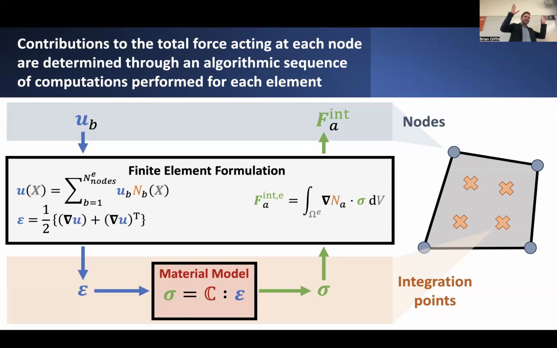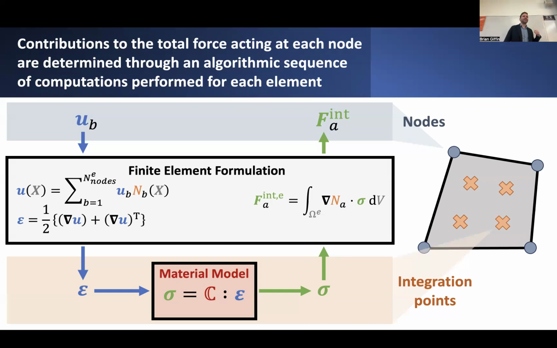Quantities like displacement, at least these discrete values of nodal displacement, we collocate at the nodal positions. And at the end of the day, what we want are also corresponding resultant forces acting at these same nodal locations. But to get there, we have to go through this sequence of steps. Given nodal displacement, we can relate it to strain by taking the gradient of the displacement field that's been interpolated over the element.